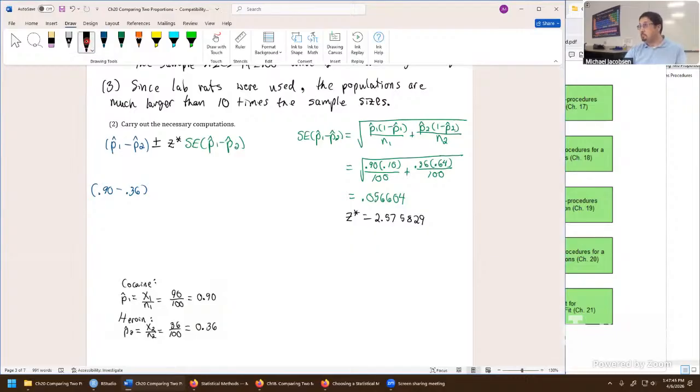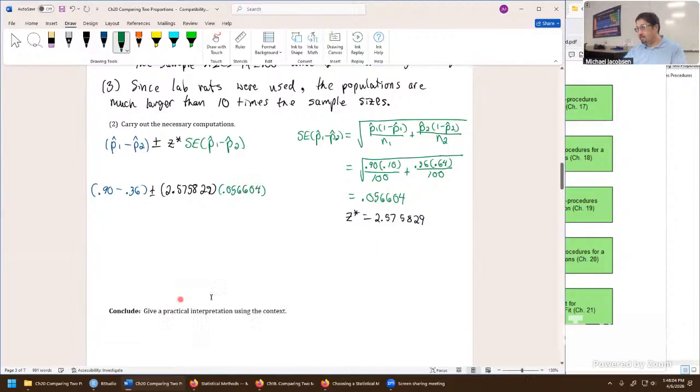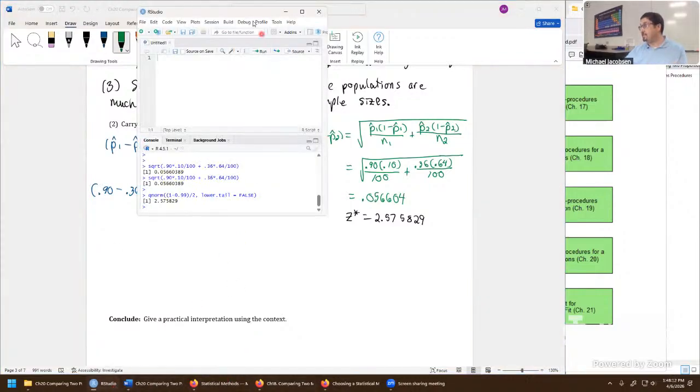Add or subtract our critical number z star, 2.575829, multiplied against the standard error, 0.056604. Okay, we're nearly there. We just need to run that through the calculator. So let's start computing these lower bounds and upper bounds next.